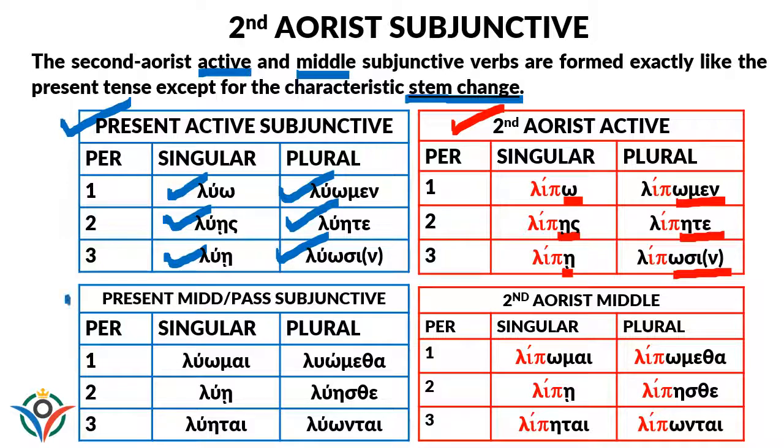And then the present middle passive subjunctive, the forms are luomai, luai, luetai, luometha, luesthe, and luontai. And the second aorist middle once again takes the primary middle passive endings, and instead of using the regular stem lu, we use lip to indicate the stem change. All right, so that shouldn't be too difficult to learn, as long as you keep in mind the second aorist, the stem will undergo a stem change.